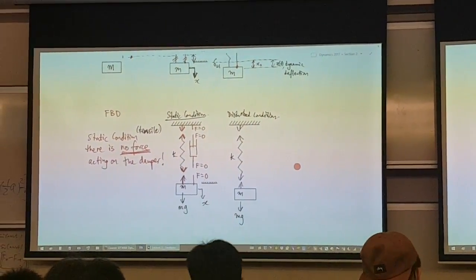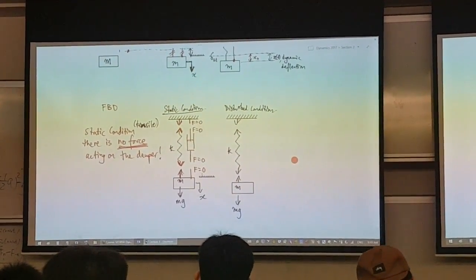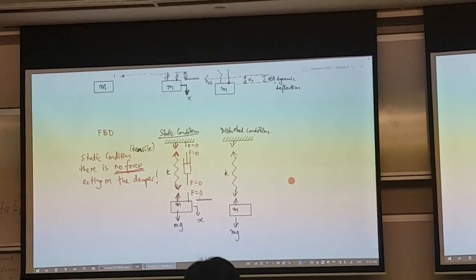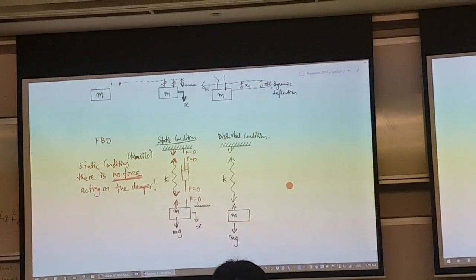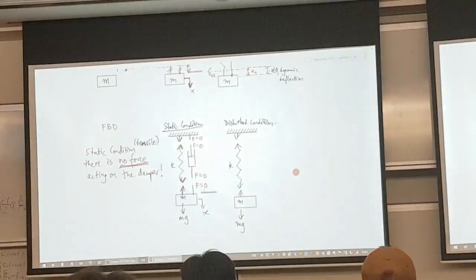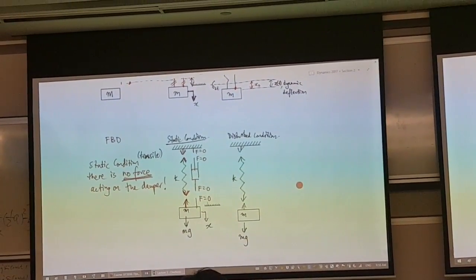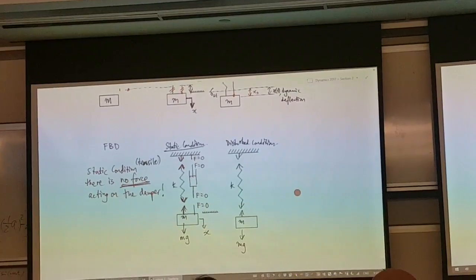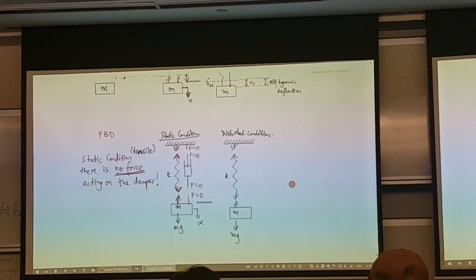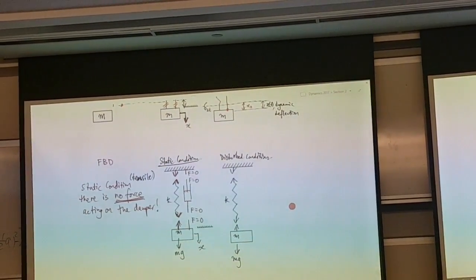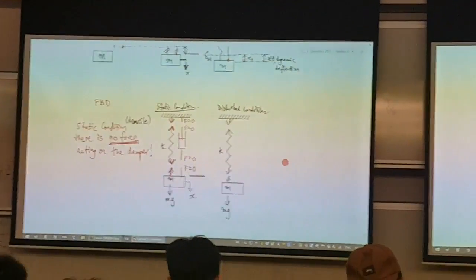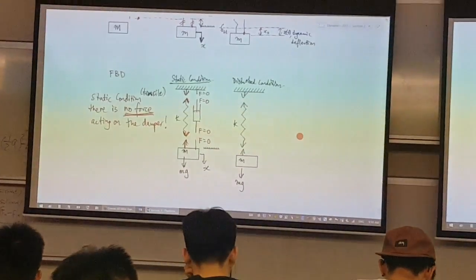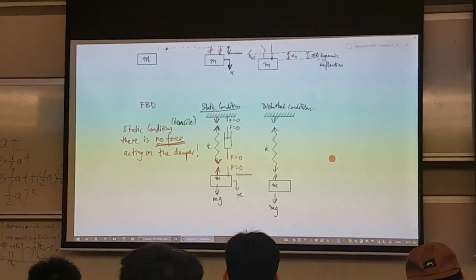That's for the static condition. Why is that so? Because if you don't move the damper, then it doesn't provide any damping force. That's unlike a spring. With a spring, you compress it and stay there, you still get that spring force. For a damper, you compress it and stay there, then you wouldn't find there's any more force. It's only when you are in the process of pressing.